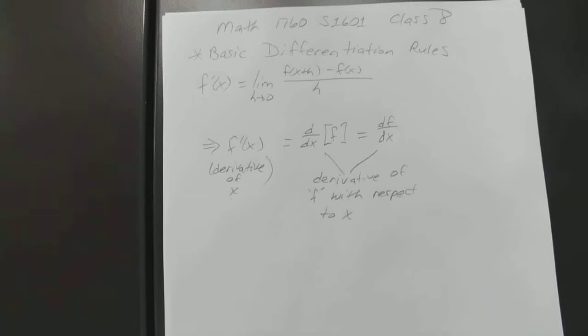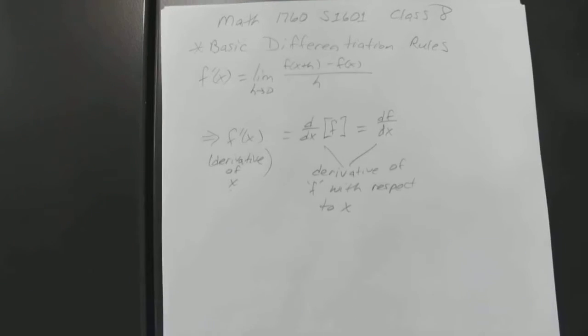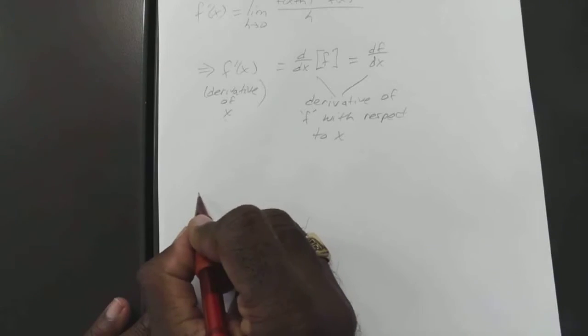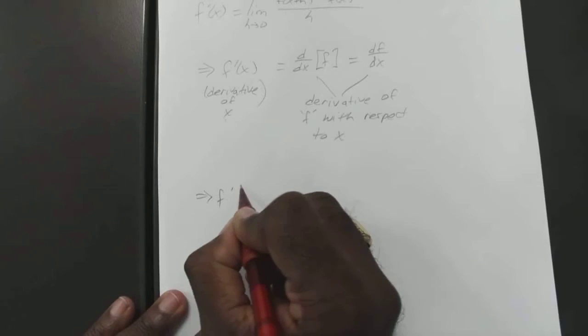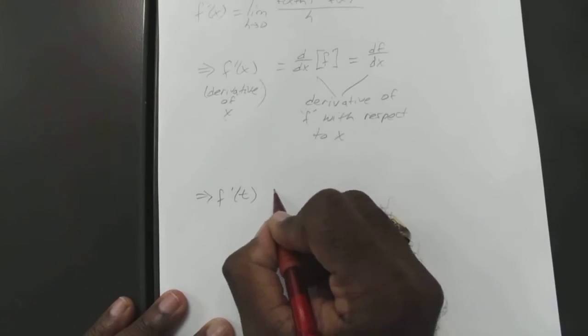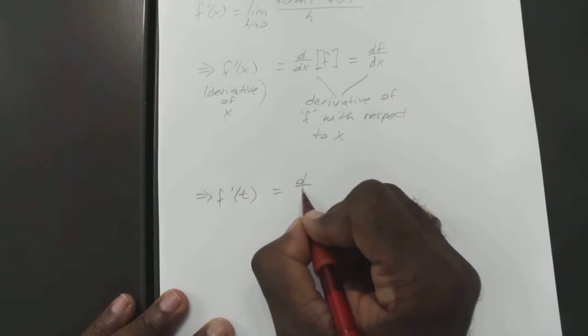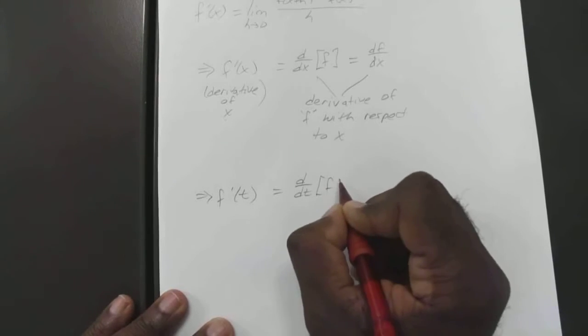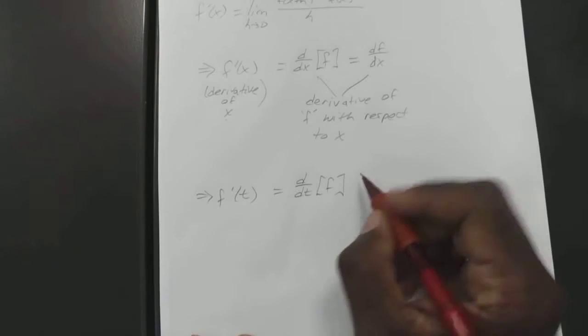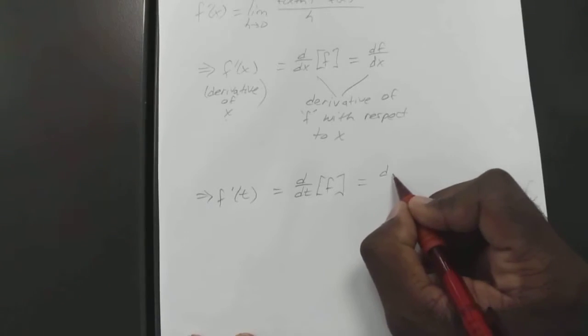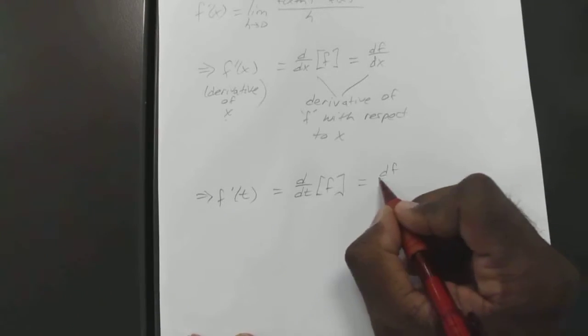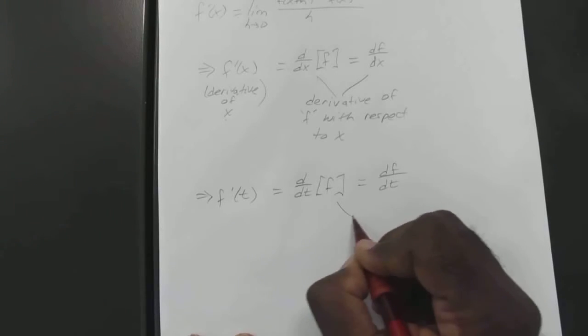Or let's say instead of x, we had t. So if we had f prime of t, that would be the same as the derivative with respect to t of whatever f happens to be, which is the same as the derivative of f with respect to t.